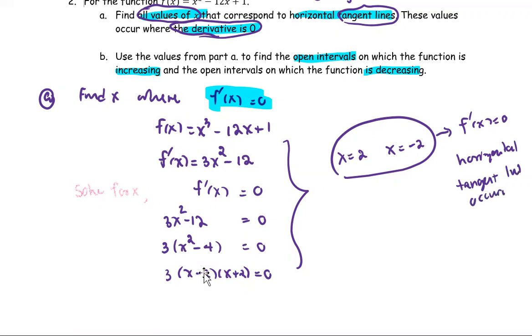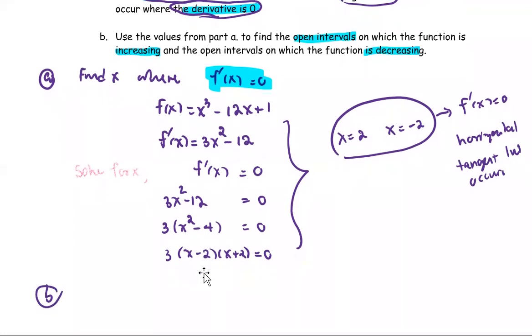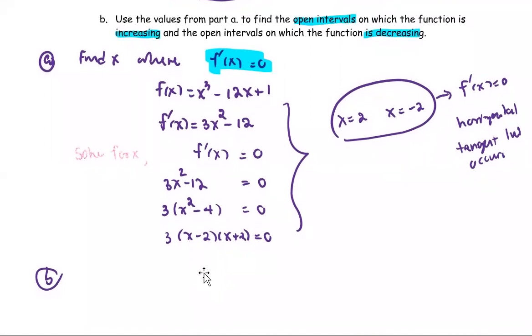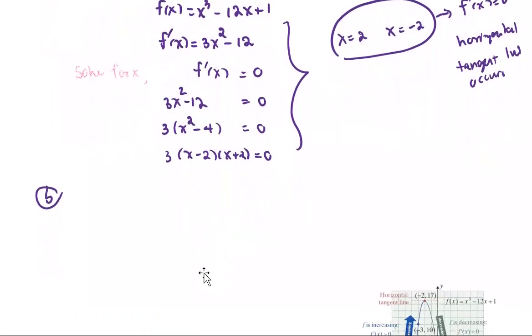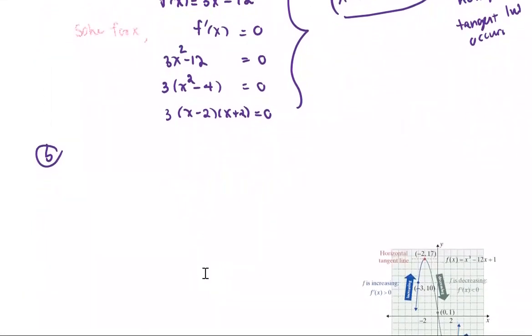And then for part B, we're going to use the values from part A to find the open intervals where the function is increasing and where the function is decreasing. For this step, we are going to use the real number line to represent the sign of the derivative.